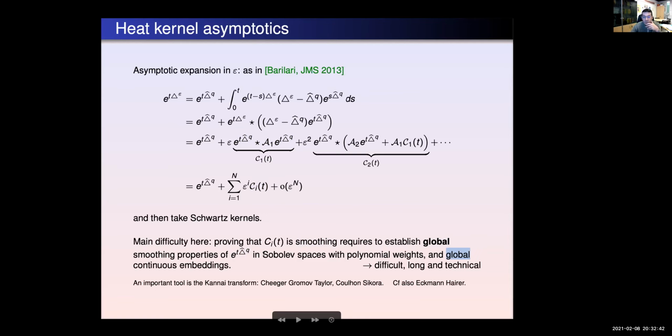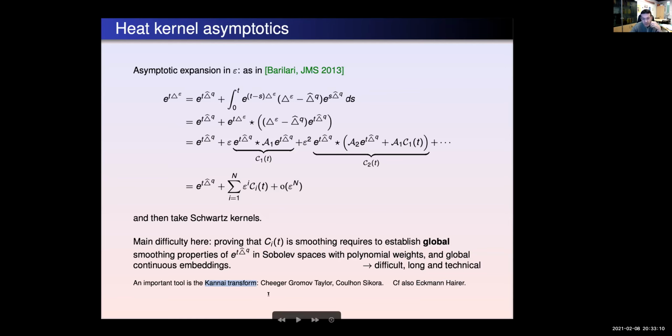Actually, we need to work also in Sobolev spaces with polynomial weights, as did Ekman with Martin Eirer some years ago. And what we use in particular here is the Kanai transform. I mean, we use the finite propagation speed for wave equations in the sub-Riemannian context.